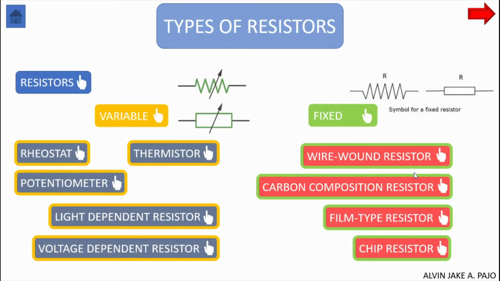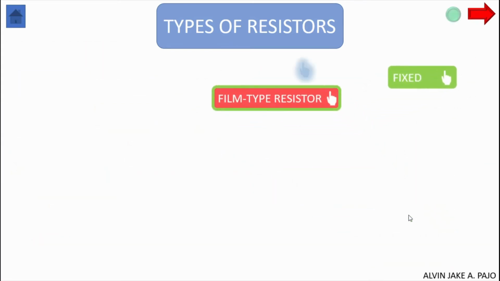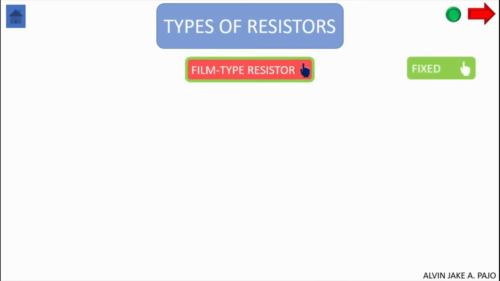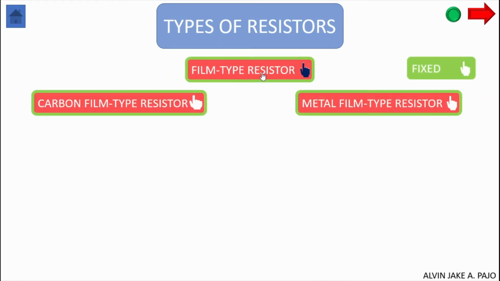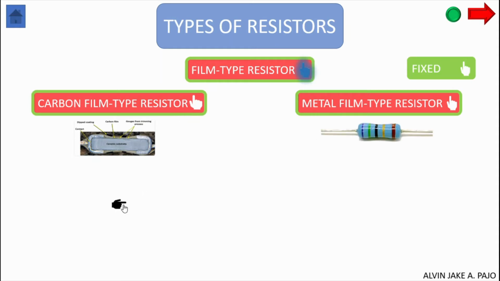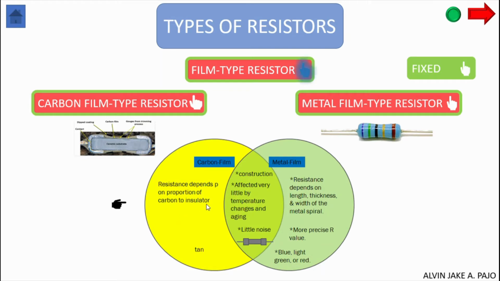Now let us discuss film-type resistors. Film-type resistors can be carbon film or metal film resistors. This Venn diagram shows the key differences and similarities of the two types. The resistance of carbon film depends on the ratio of carbon to insulator, while the metal film resistance depends on the dimensions of the metal film.